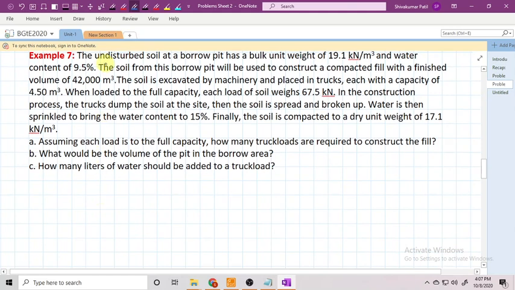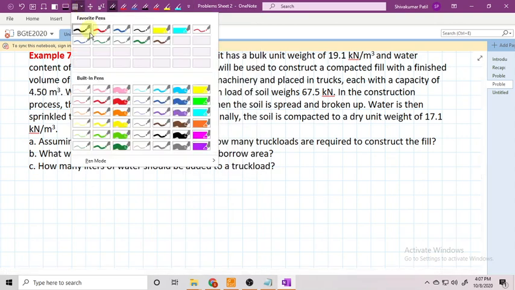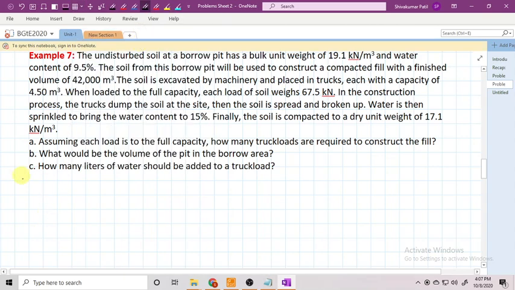So read the problem. The undisturbed soil at a borrow pit has bulk unit weight. Again, the borrow pit is here. So let me take the pen with a light, thinner one.